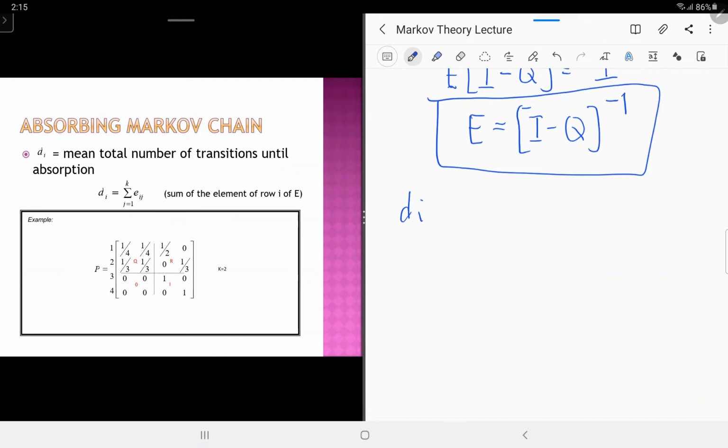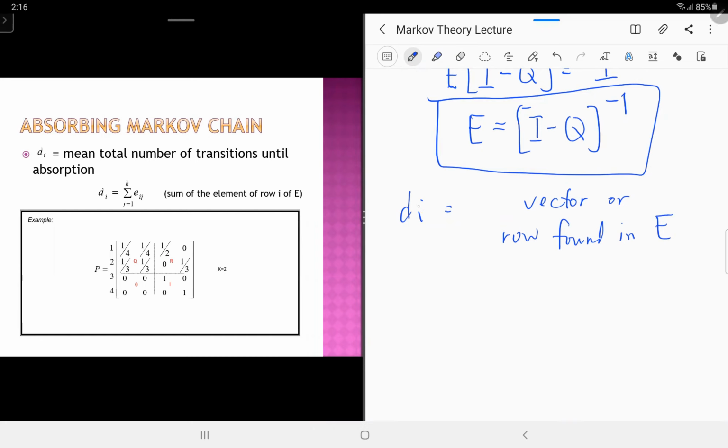And DI is just a vector or a row found in matrix E. Okay, so DI simply counts the total number of transitions until absorption.